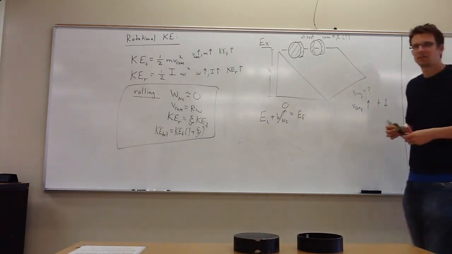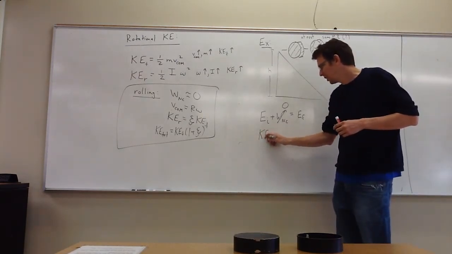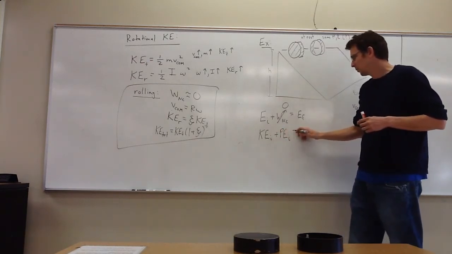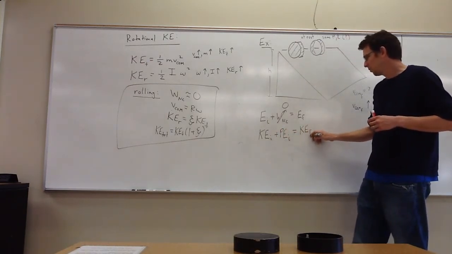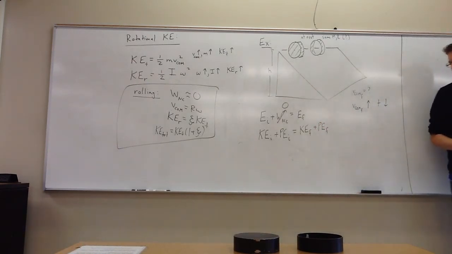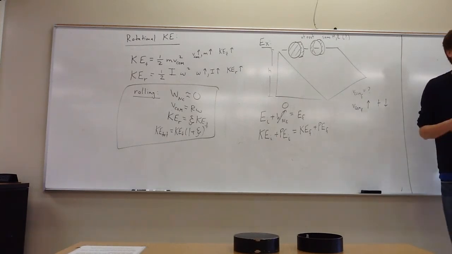I'm going to assume that they roll properly. Here I'm going to plug in kinetic energy initial plus potential energy initial equals KE final plus PE final, my classic energy conservation. Where might I pick my h equals 0? What would be a good spot for it?